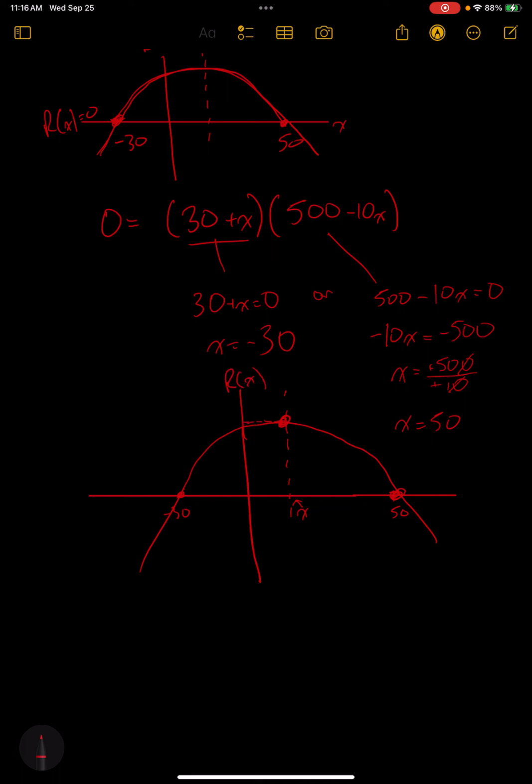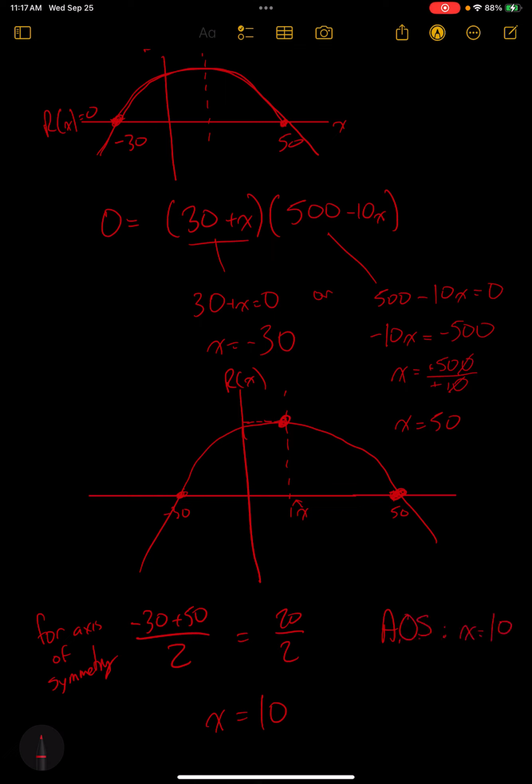So let's find the midpoint, the axis of symmetry. I take my zeros, add them, and divide by 2: minus 30 plus 50 over 2, which is 20 over 2, equal to 10. So my axis of symmetry is x equals 10.